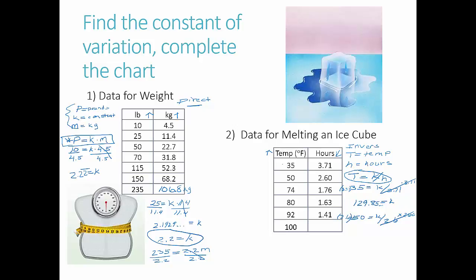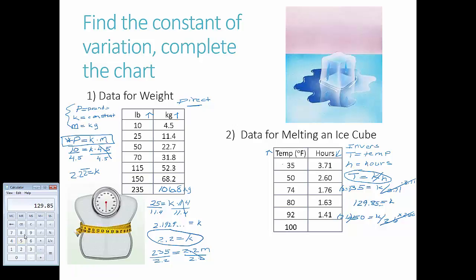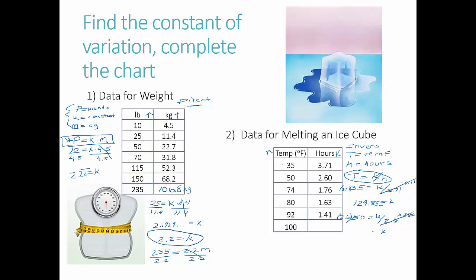Go to my calculator. 50 times 2.6. And I get K equals 130. So again, I have a little bit of variation between my two K values. Double checking them, they both would round to 130, so I'm going to use that as my K value.